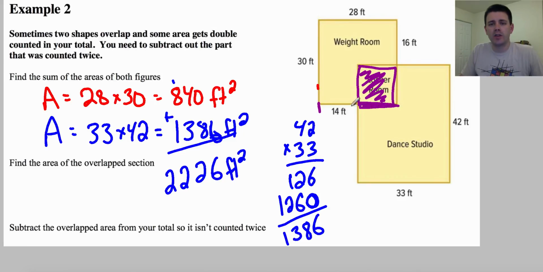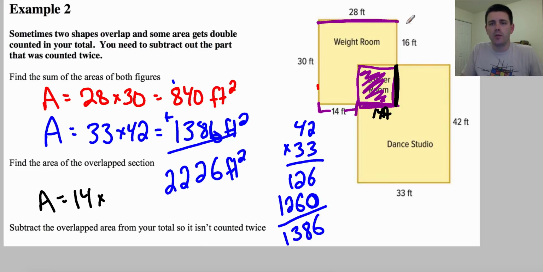Well, I know that this section here is 14, and I know the whole thing is 28. So I want to know what's this other section, because something plus 14 gives me 28. Well, go backwards. 28 minus 14 is 14. So my missing piece there must be 14. Then I need my height going up this way.